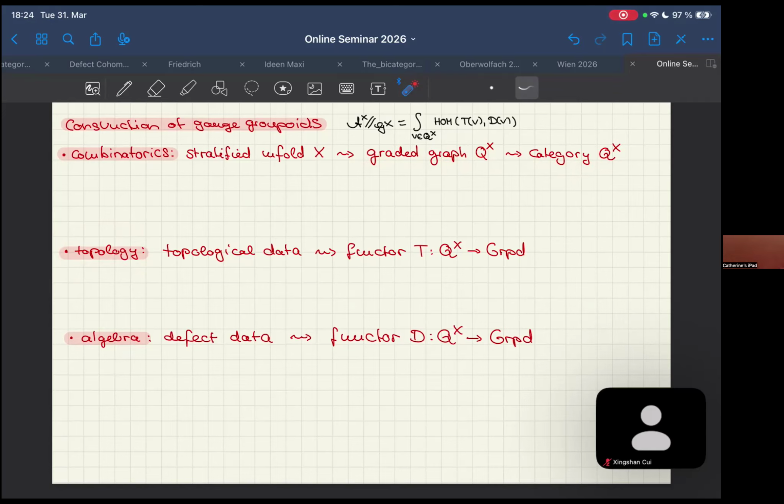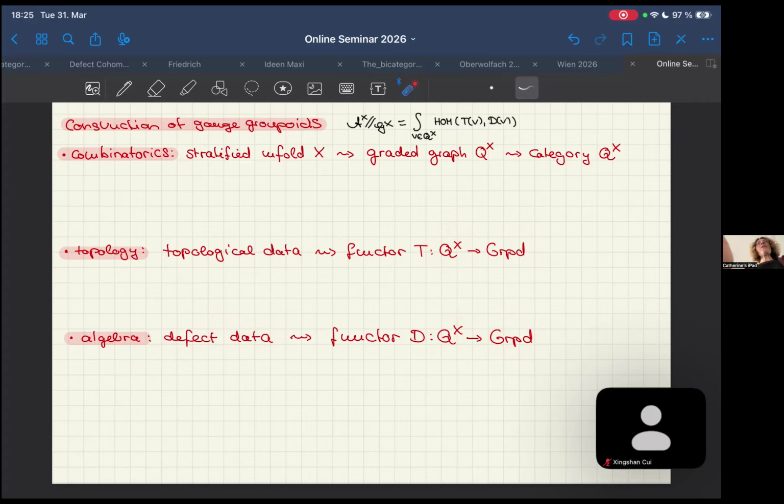And the topology is organized into a functor from this free category associated to the graph into the category of groupoids. And finally, the strata also have algebra because we have defect data associated to the strata. And that will give us another functor from the free category associated to the graph into the category of groupoids.